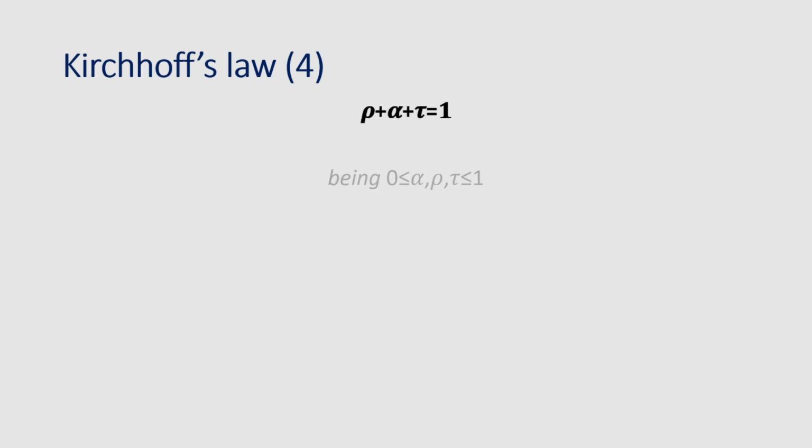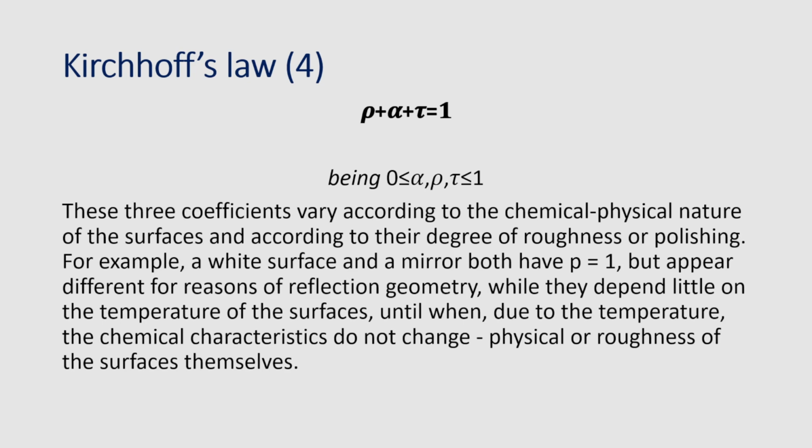These three coefficients vary according to the chemical-physical nature of the surfaces and according to their degree of roughness or polishing. For example, a white surface and a mirror both have rho equals 1, but appear different for reasons of reflection geometry, while they depend little on the temperature of the surfaces, until, due to the temperature, the chemical, physical or roughness characteristics of the surfaces themselves change.